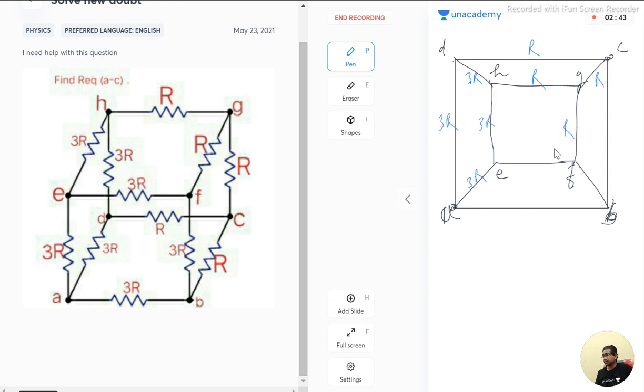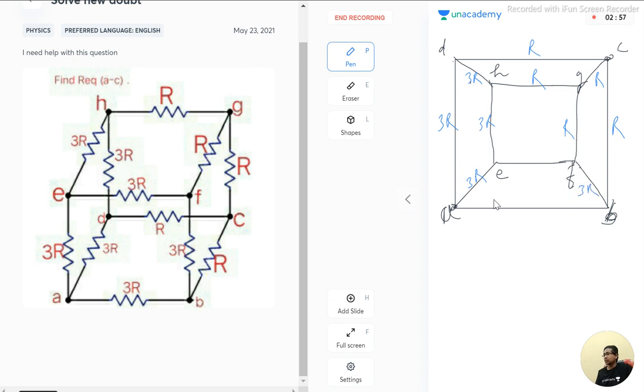Between C and D we have R, and between F and B we have 3R.